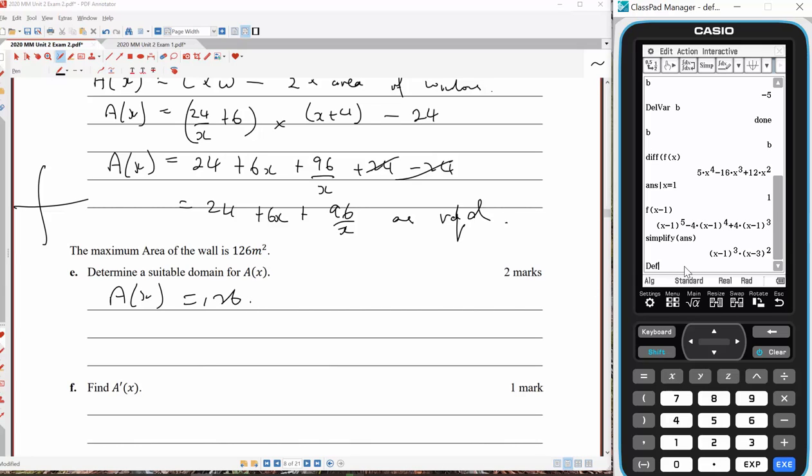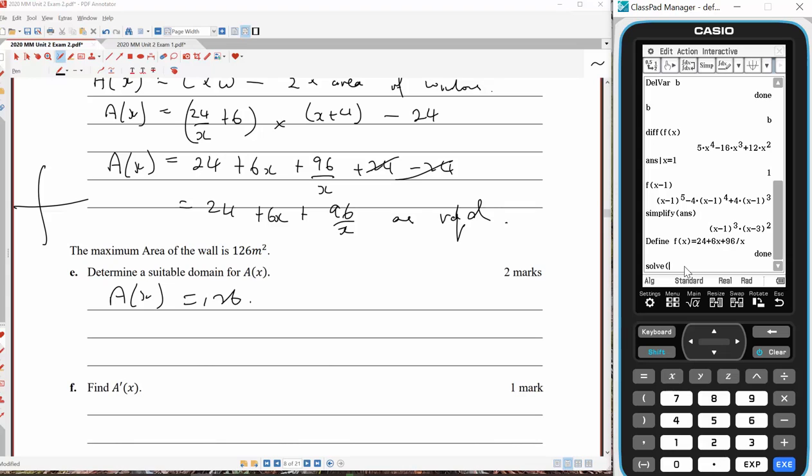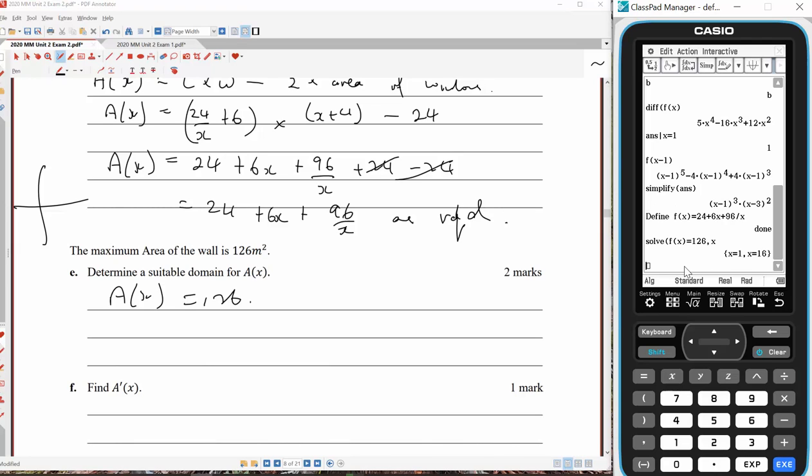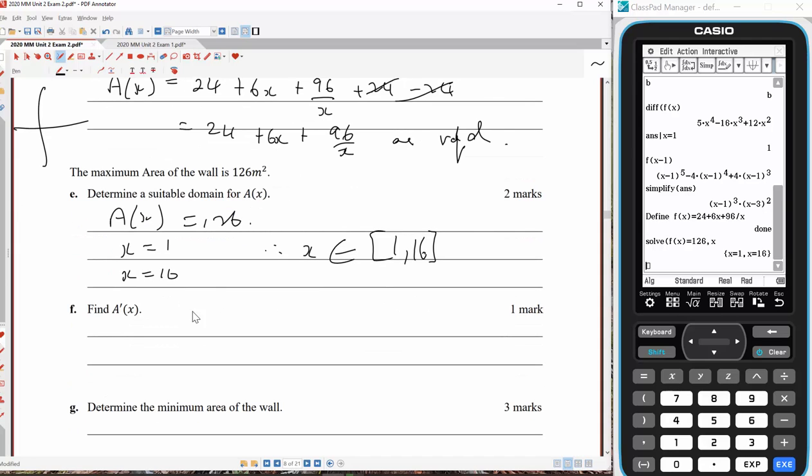Let's define f of x equals 24 plus 6x plus 96 on x. Solve f of x equals 126. x is equal to 1. x is equal to 16. Therefore, x is an element from 1 to 16, including those endpoints, because we can make an area of 126.